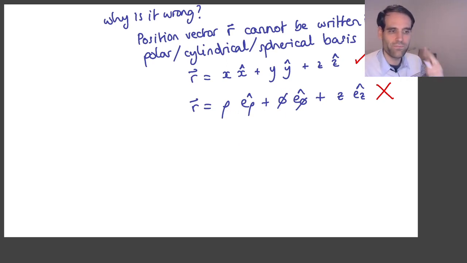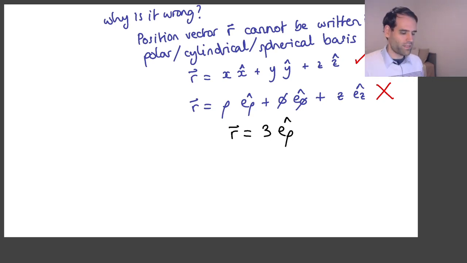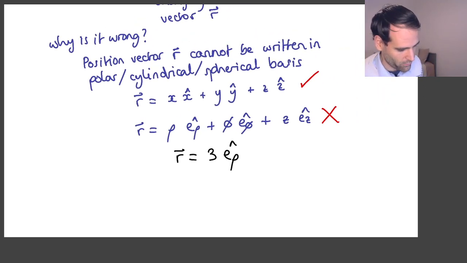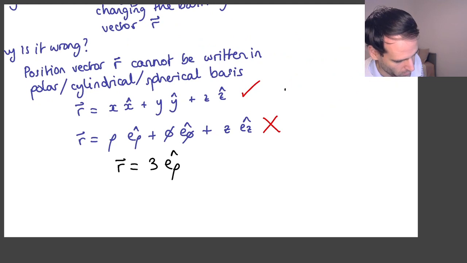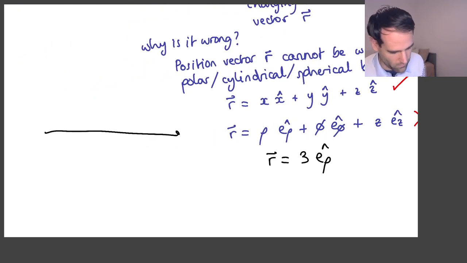So that's one reason. Second reason, imagine I give you the following vector. I say r equals 3 e rho hat. What is the location associated to that vector? I could tell you r equals 3x hat, and then you could tell me, okay, that's easy.